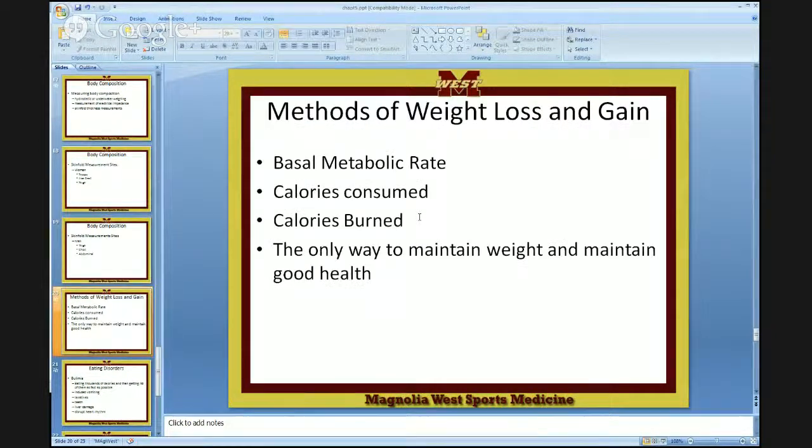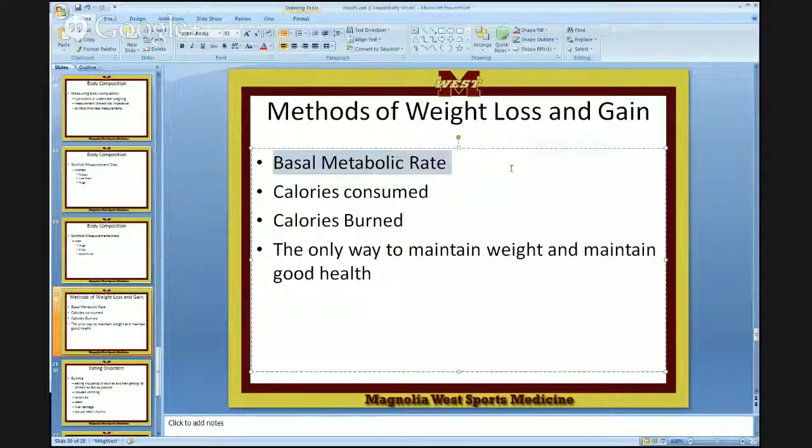Slide 20 tells you about your basal metabolic rate. We talked about that extensively, wanting to know what your BMR is. What is your basal metabolic rate measuring? It's measuring your metabolism, but when and what are you doing to measure that metabolism?